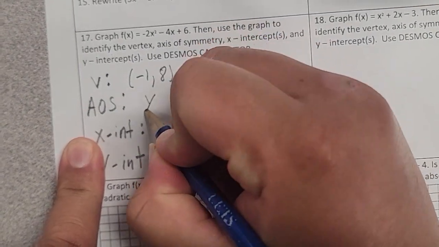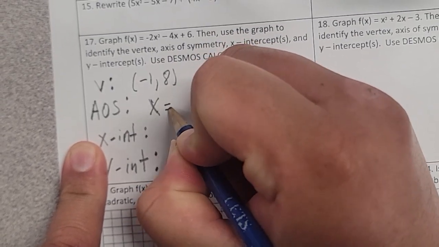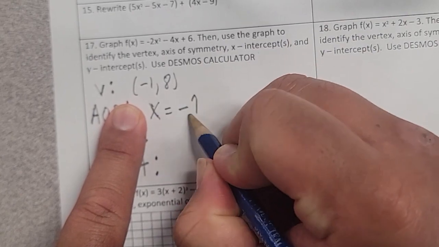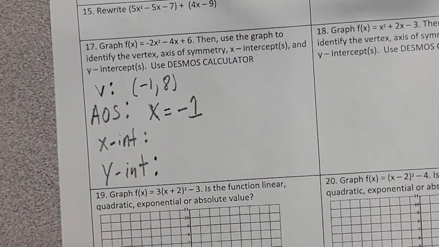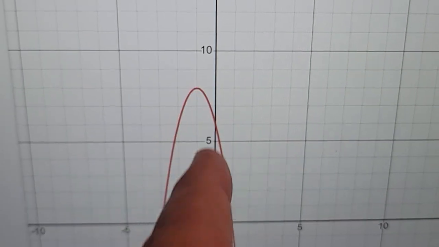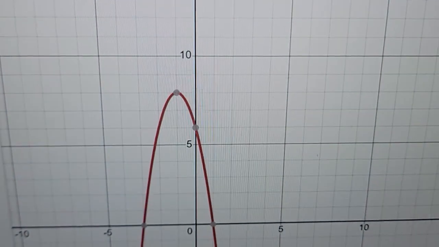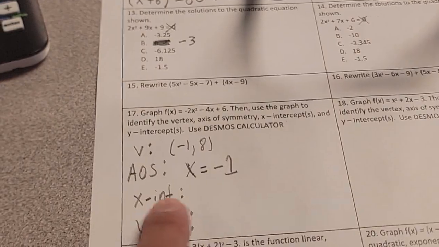So put x equals like this. Now this is the x number in the vertex. There you go. That's how you get the axis of symmetry. So if you cut it in half, you're going to be on -1 right here. So that's the vertex.